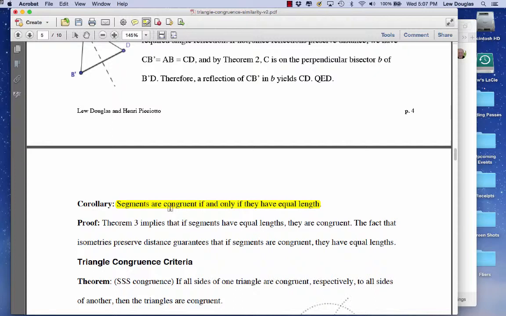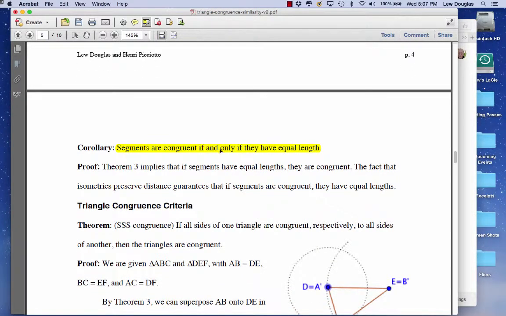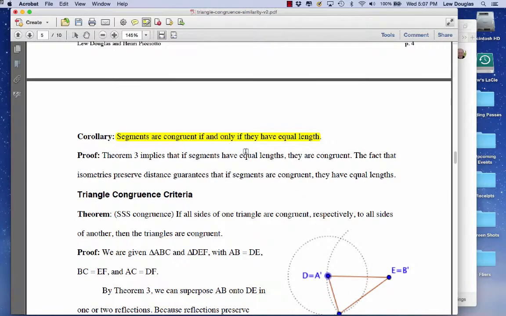So they must have the same length because isometries preserve distance. If they have equal length, then Theorem 3 says they're congruent. We can map one onto the other. So that's the if and only if, and we obviously want this to be true, and now it is a corollary.